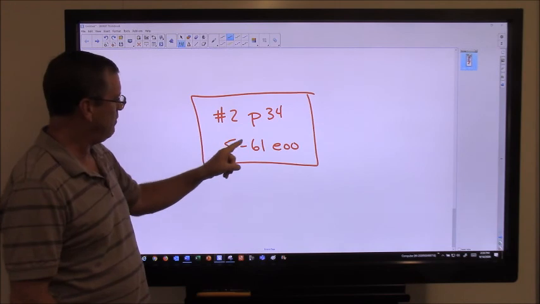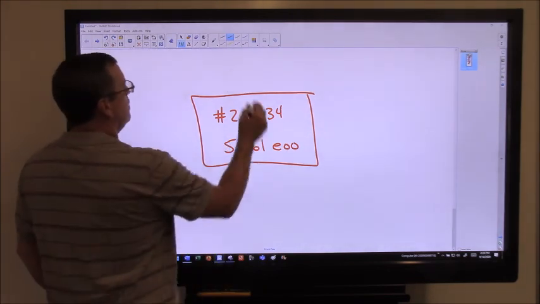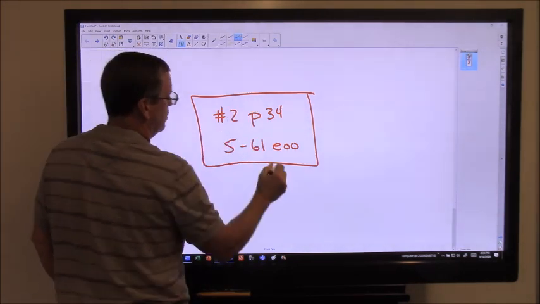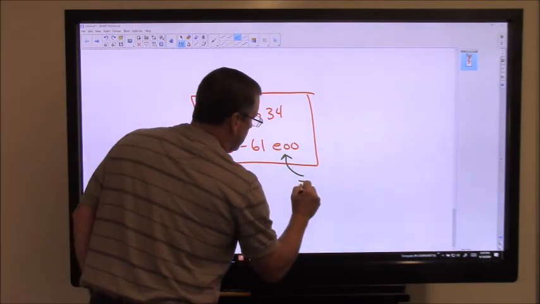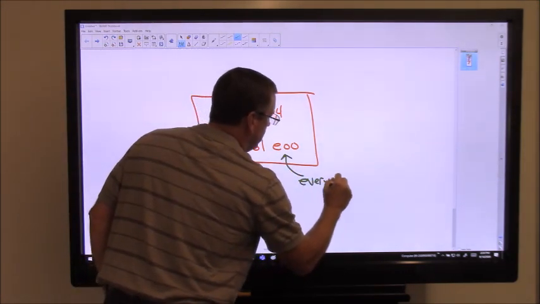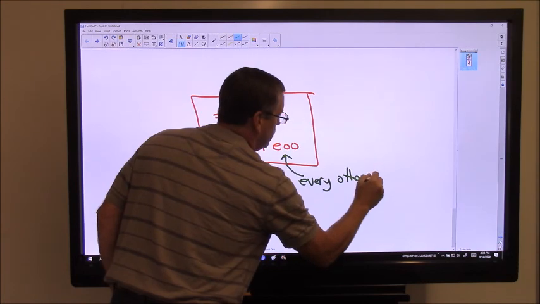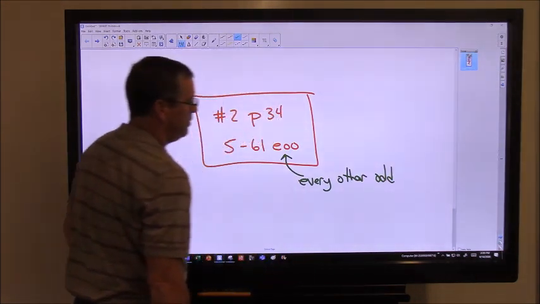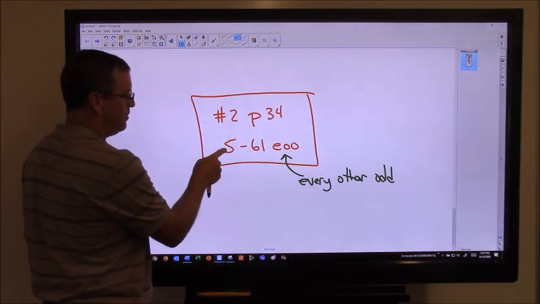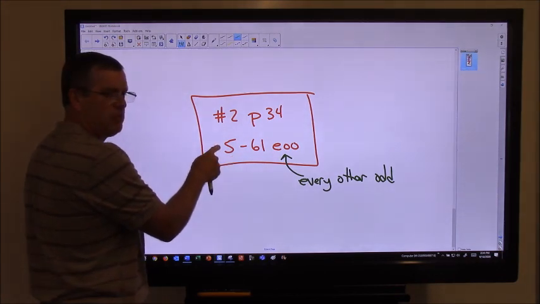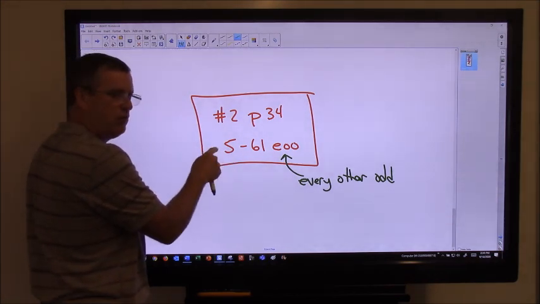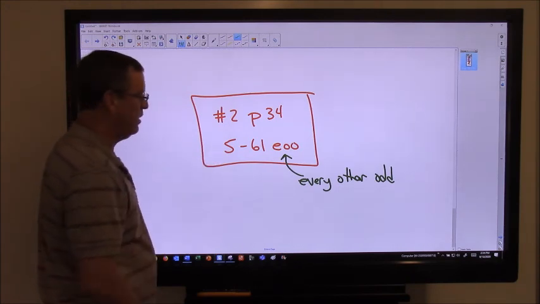So we're doing 5 to 61, and EOO means every other odd. So we're going to do 5, skip 7, do number 9, skip 11, do 13, skip 15, and so on.